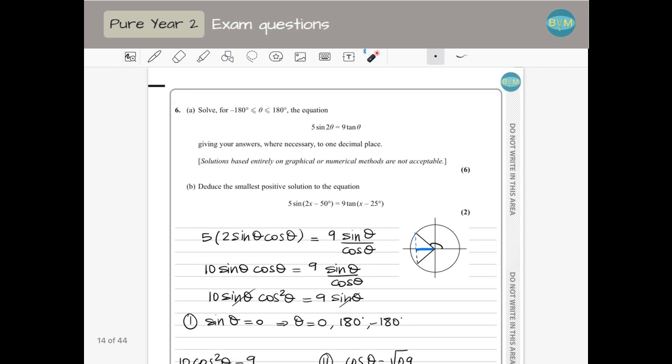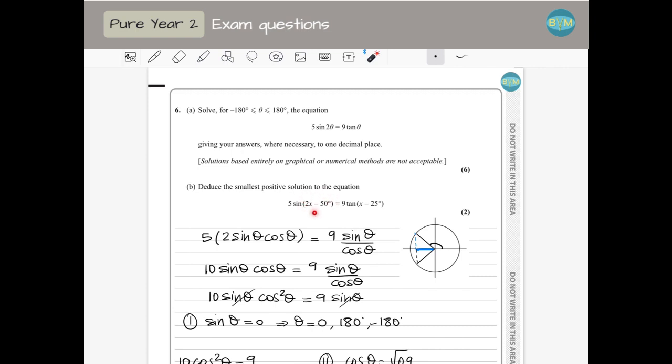Then deduce the smallest positive solution to this equation. The question doesn't say hence, which usually does, but if you compare this equation with this equation, you have 5 sine of something equal to 9 tan of something. So it's probably very useful to compare the equations and use it to find the solution.